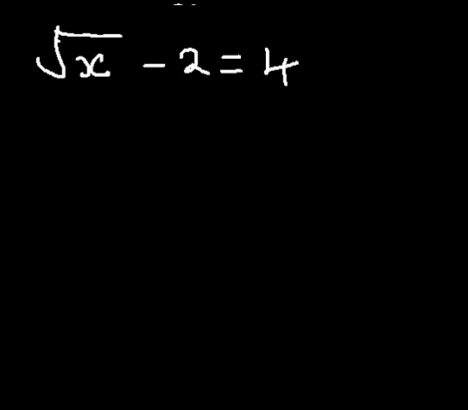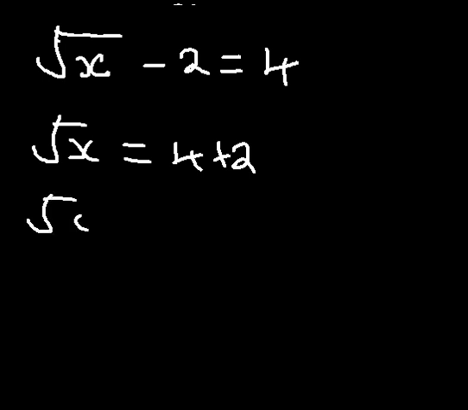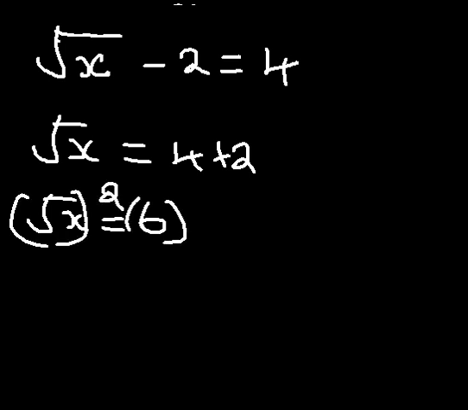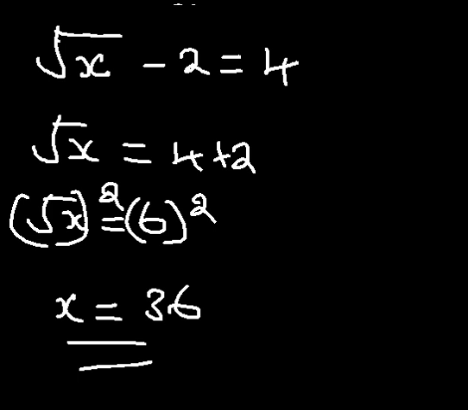First thing, we have to ensure that the expression with the radical is isolated. So we have to transfer this to the other side, and that will be given as square root of x is equal to 4 plus 2. That will be given as the square root of x is equal to 6. So we are going to square both sides. That will be given as x is equal to 36. So that is the solution.